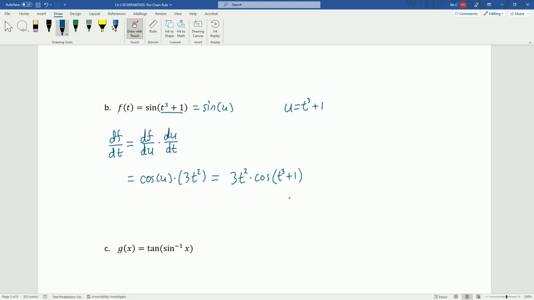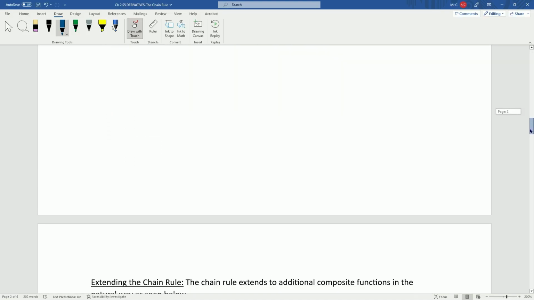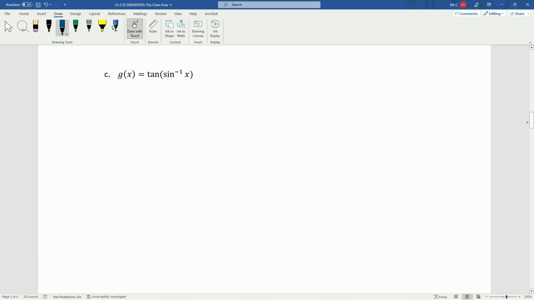So we'll do one more of these single chain examples, and then we'll look at some repeated chains, and then it'll be really clear why this organization strategy is very important. But again, I'm only going to deal with these with the Leibniz notation anyhow, because I don't think it's worth spending any time on prime notation.